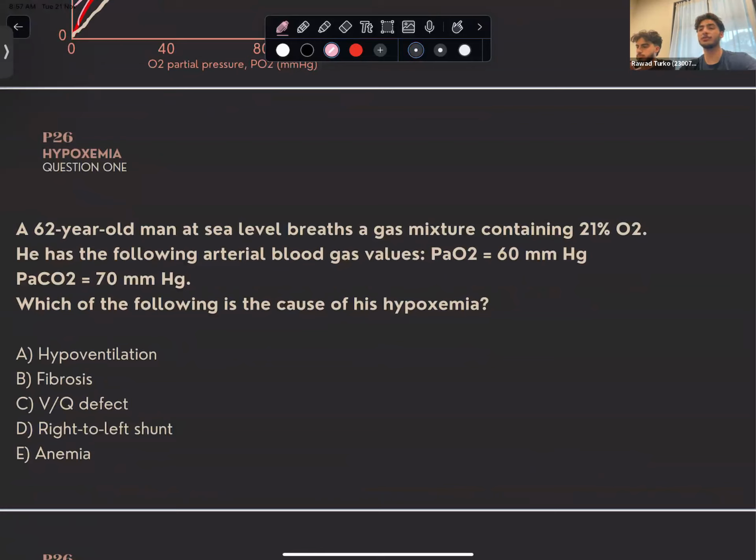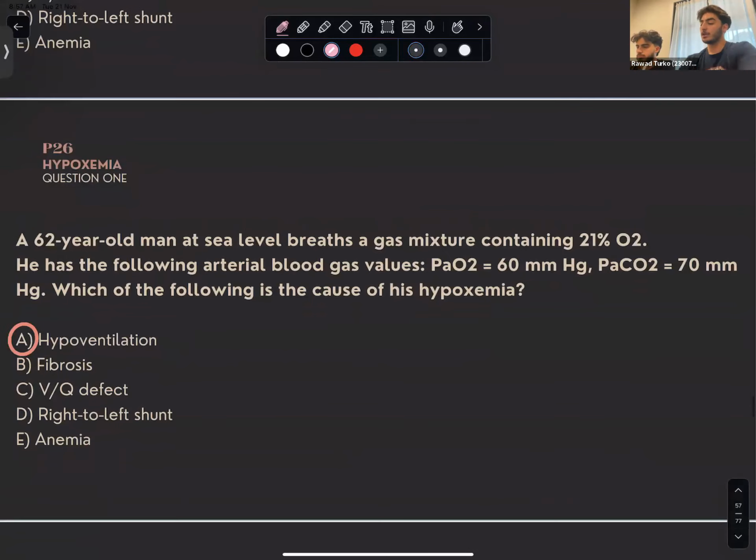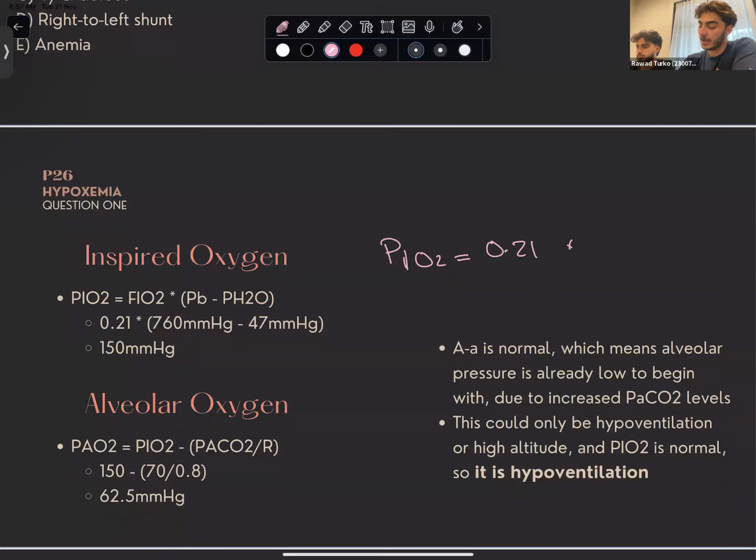So if they give you values, try to see what they're trying to tell you. So 0.21 times PB, which is 760, minus 47, because 47 is always the water vapor pressure in the air. And that will give you 150 millimeters of mercury.